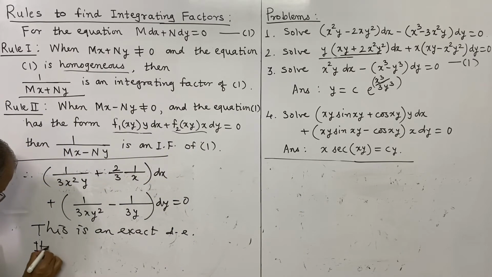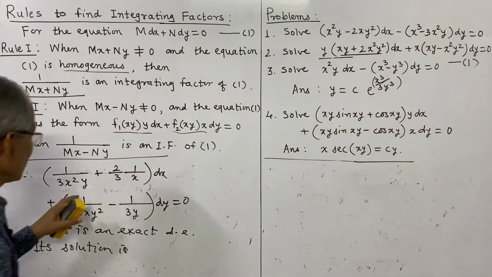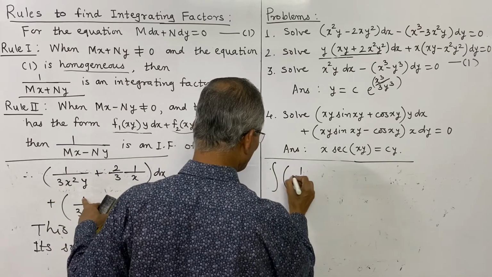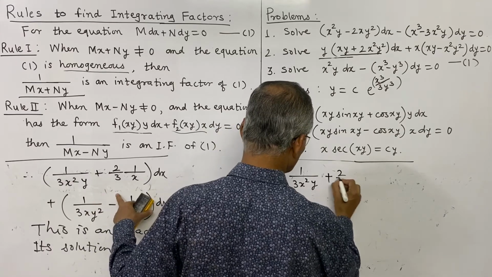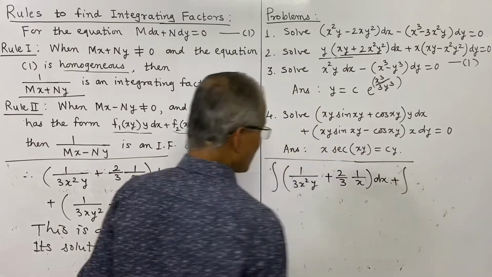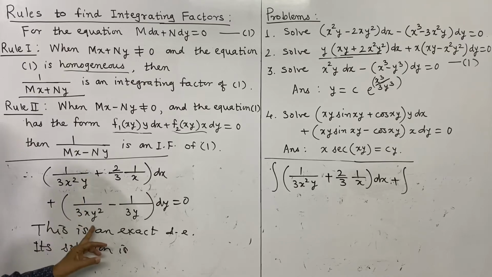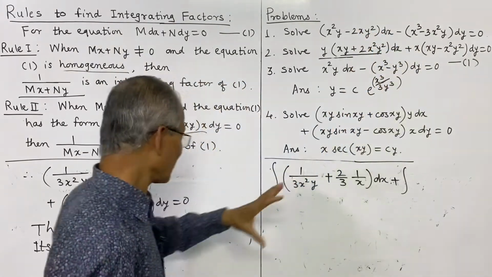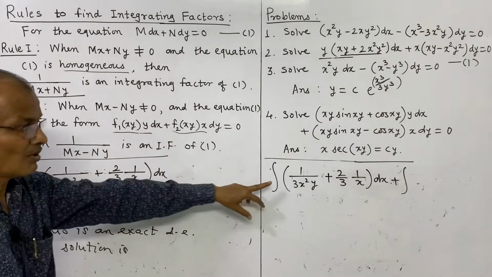Its solution is integral of m dx, that means this term 1 upon 3x square y plus 2/3 into 1 by x dx, plus terms of n, this is n now, the new n in exact form. Don't refer to this n and this m. We are now referring to this equation. This is exact, and from this we have to write the solution.